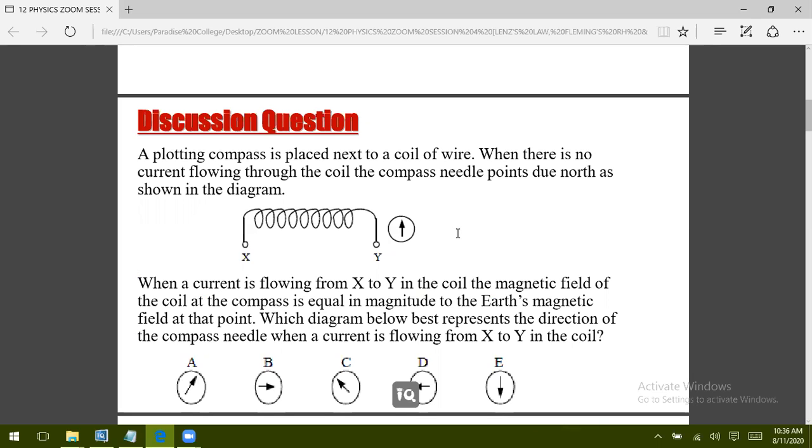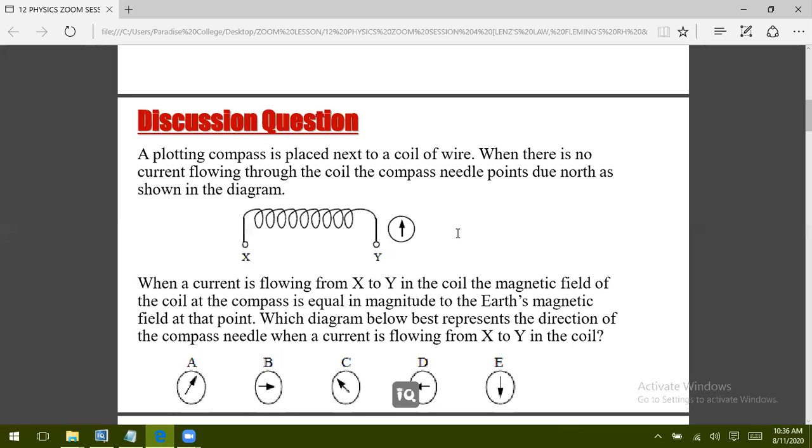But when a current is flowing from X to Y, the magnetic field of the coil at the compass is equal in magnitude to the Earth's magnetic field at that point.